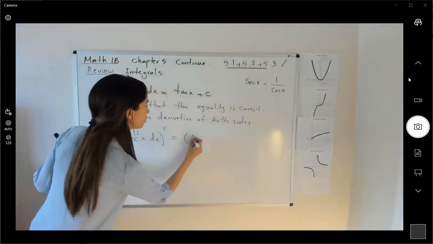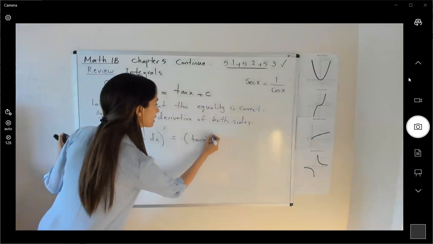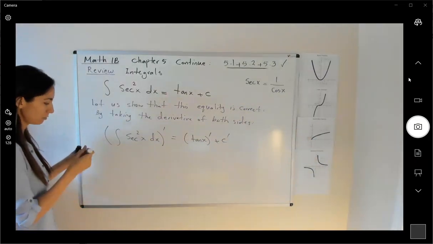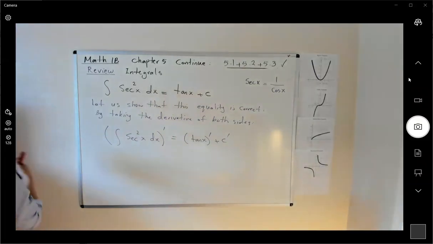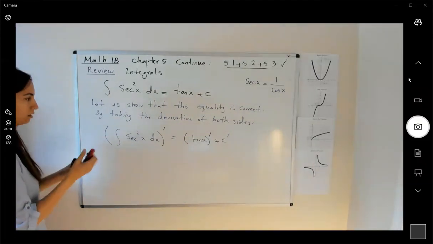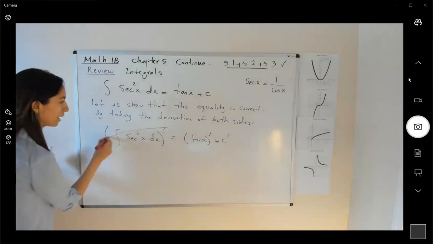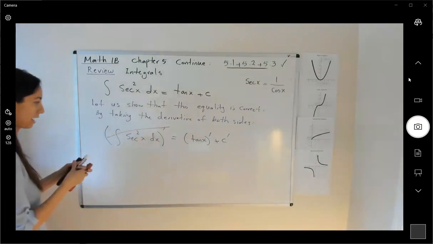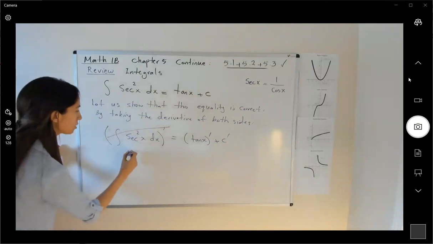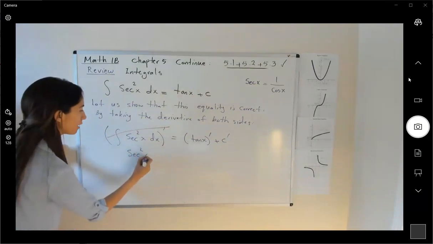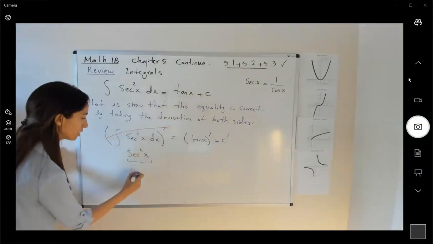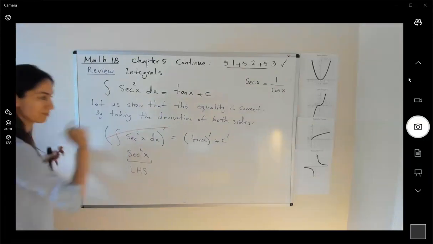This is equal to the derivative of tangent x plus the derivative of the constant. So the derivative and the integral cancel out each other, and we get secant squared of x on the left-hand side. This is my left-hand side.